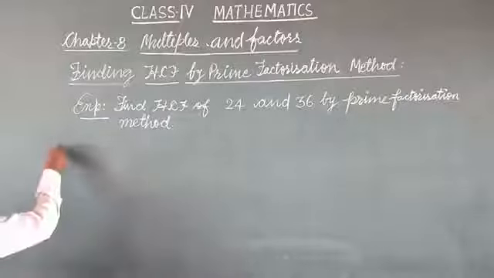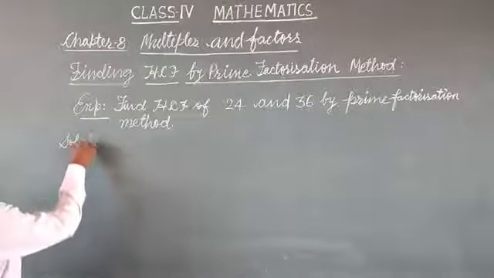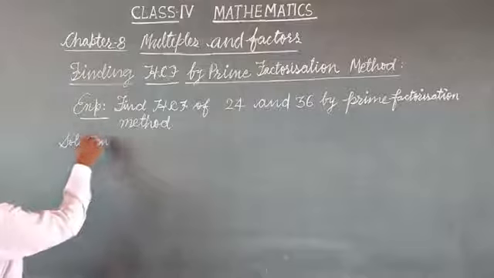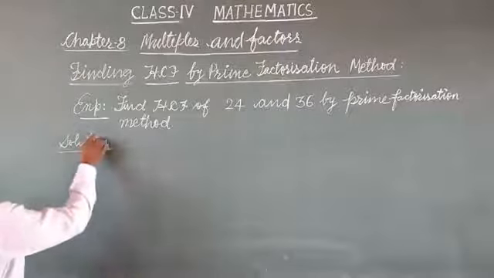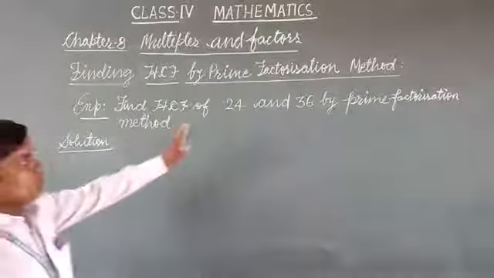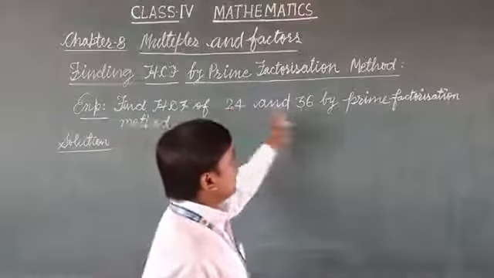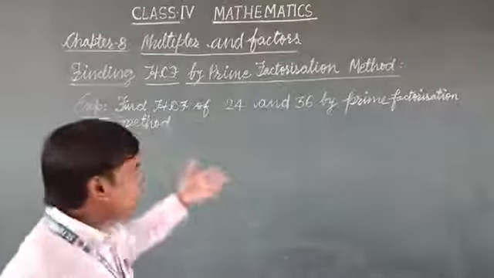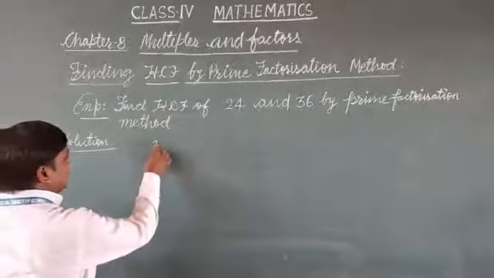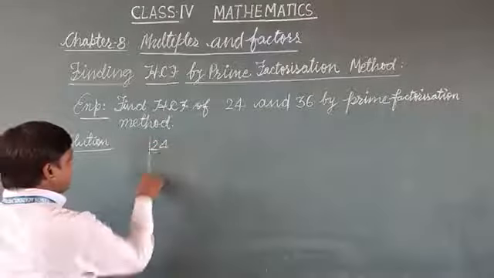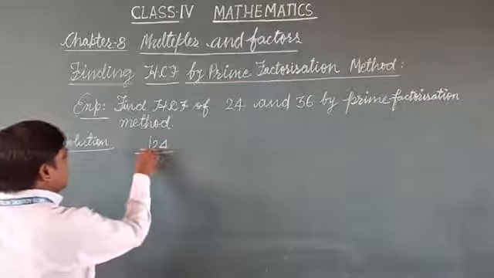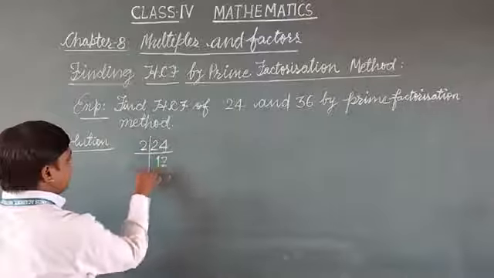So first of all, we will write prime factors of 24 and 36. We proceed like this. We have the number 24, it will be divided by 2, so 12 will come.